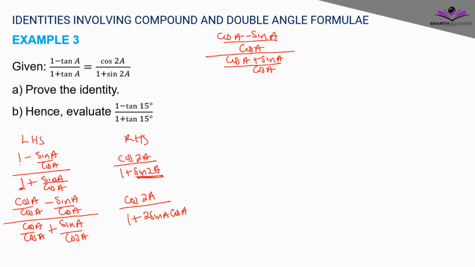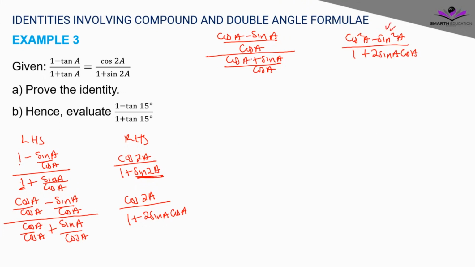Now we can see we have cos a minus sin a. So for cos 2a, maybe let's try using cos squared a minus sin squared a, over 1 plus 2 sin a cos a. Right, and then here we can see a difference of 2 squares there.